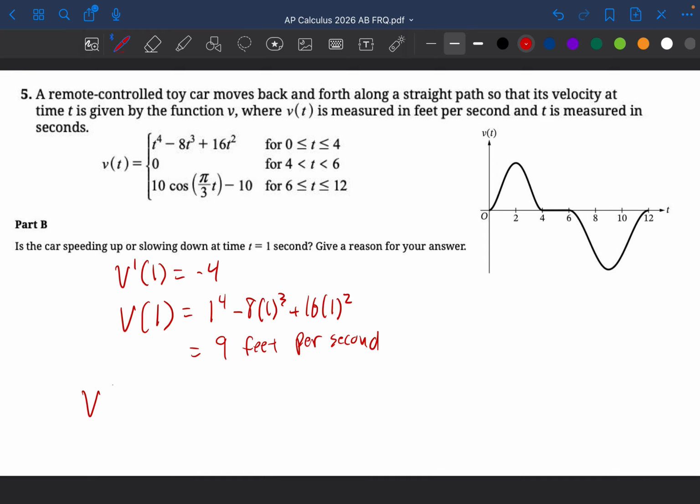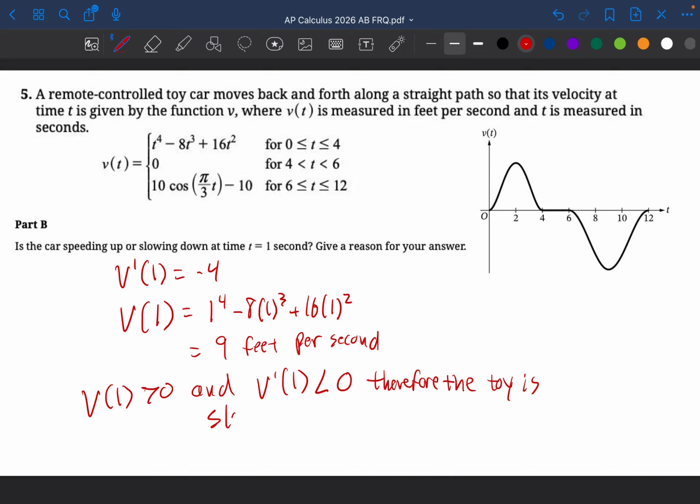So since v of 1 is greater than 0, it's positive, and v prime of 1 is less than 0, therefore the toy is slowing down at t equals 1 second.